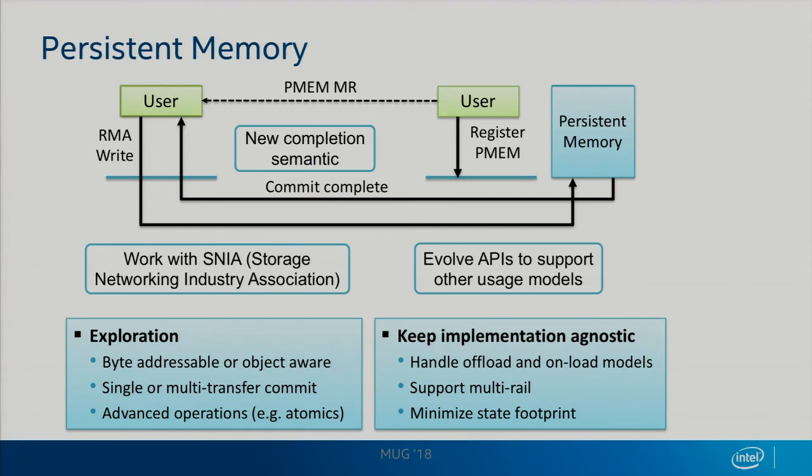Let me know when it's actually committed, not when it's transmitted, but when it's committed into the remote memory. So then you could have this type of semantic, and you're exploring whether it can make this byte addressable, and whether this can support atomics or not.